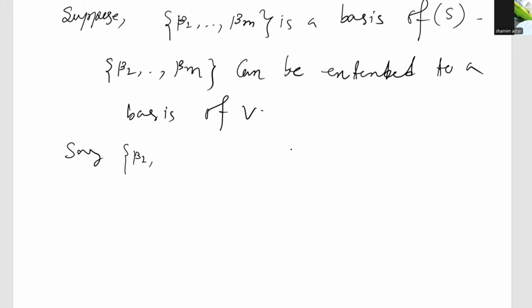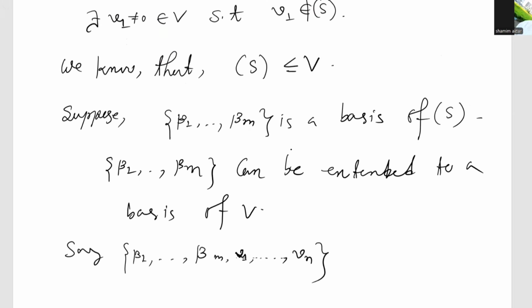Suppose this is say beta 1 comma dot dot beta m comma v1 and some dot dot vn. Why does v1 belong to this?